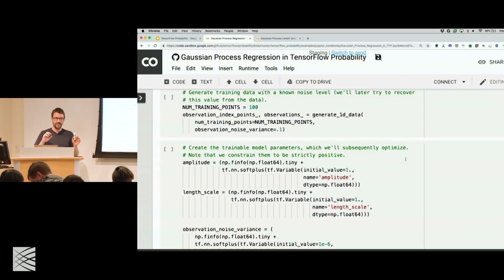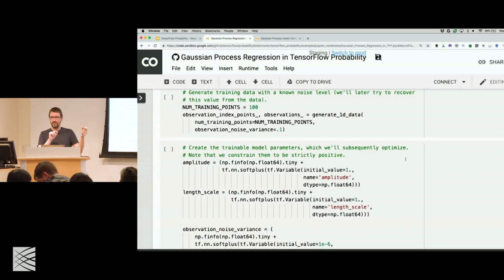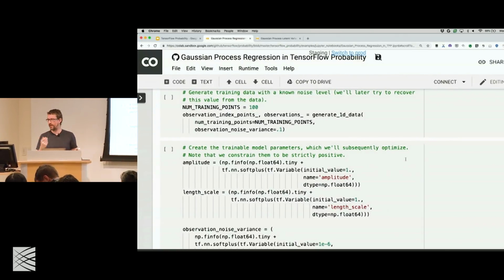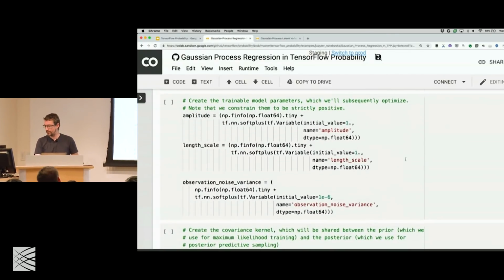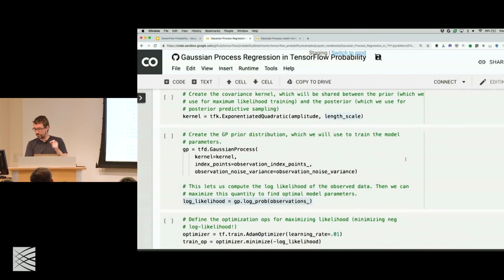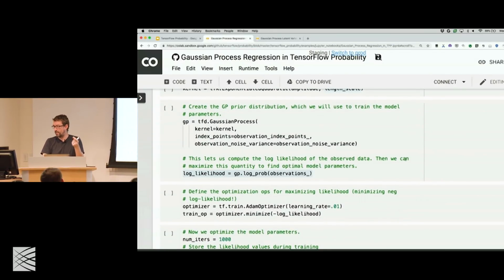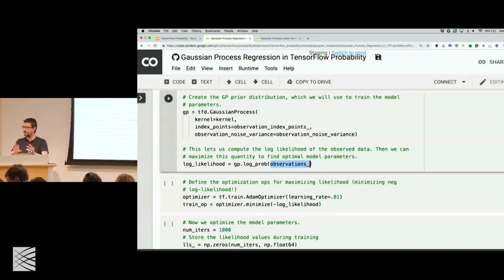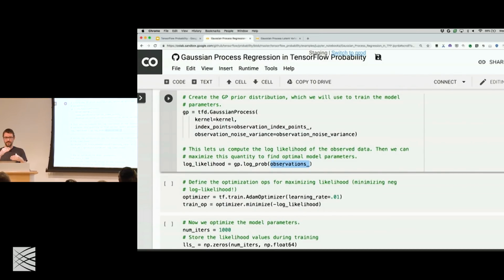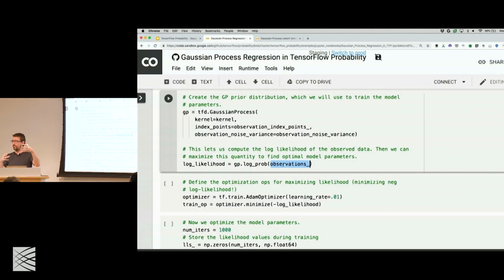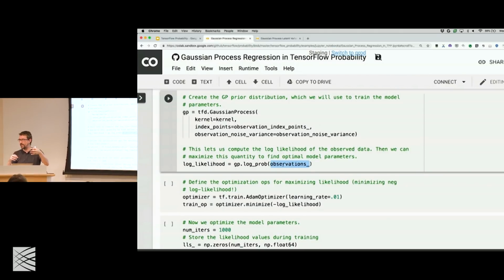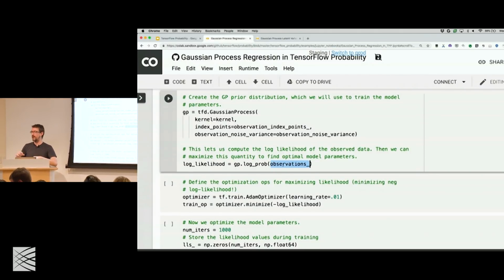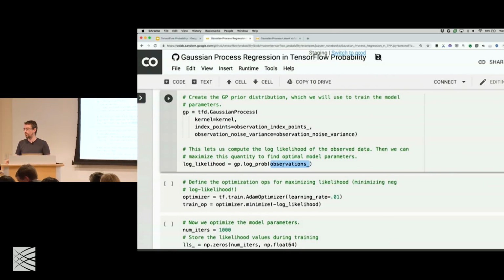Sorry, the question was about whether we're talking about the probability of the observations or the probability of some held out data. In this case, for training the model parameters, for basically doing model selection, we're looking at the probability of the observed data, fixing that observed data, and optimizing the log probability of that. And then after we've selected the model parameters by maximizing that likelihood, we're going to do the posterior inference to look at the predictive values at new points. Good question.